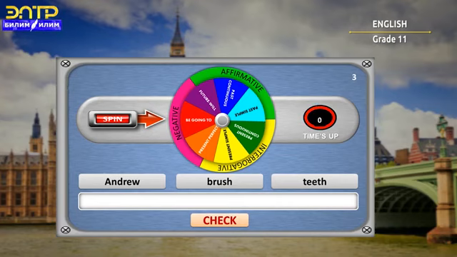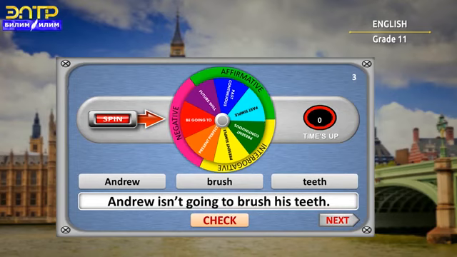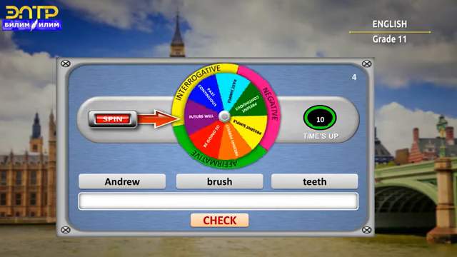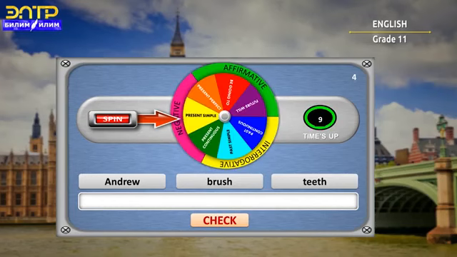It is to be going to in the negative sentence. Let's check. Andrew isn't going to brush his teeth. It is a present simple in the negative sentence.